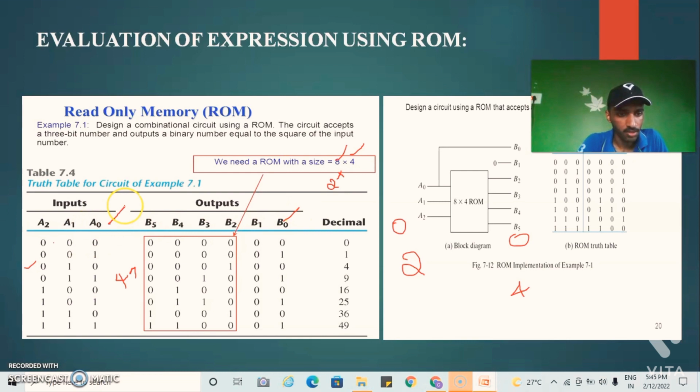So there is no need to extract b0 and b1 from the ROM, and we can reduce two output lines. Here b0 is connected to a0 and b1 is connected to the 0 state, and the rest of the four outputs are taken from the 8 cross 4 ROM. This is how we can implement any given expression.